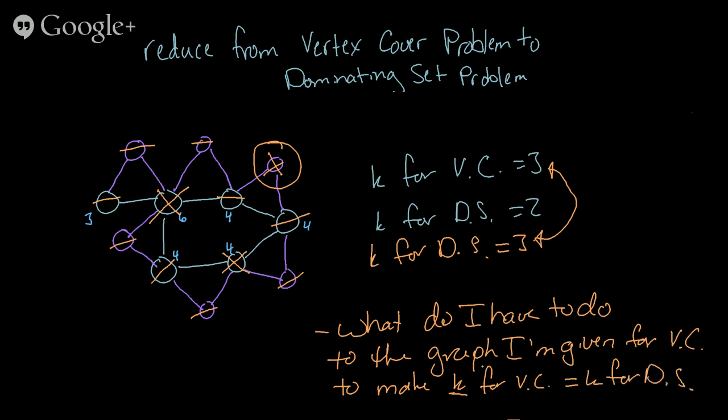Once you have changed that graph so that these two Ks are equal, then you can feed that new graph into a machine that solves the dominating set problem, and that solution will also be the solution to your vertex cover problem.